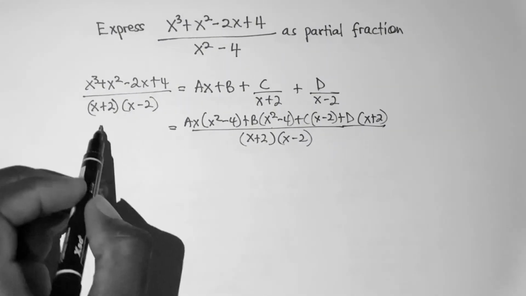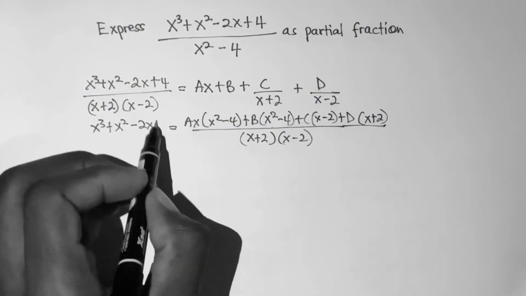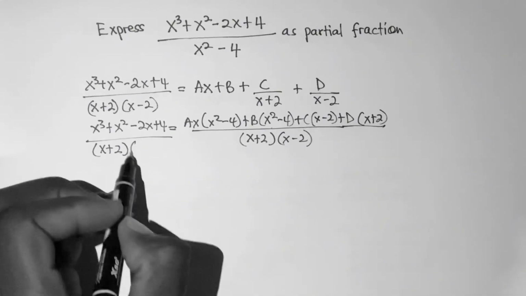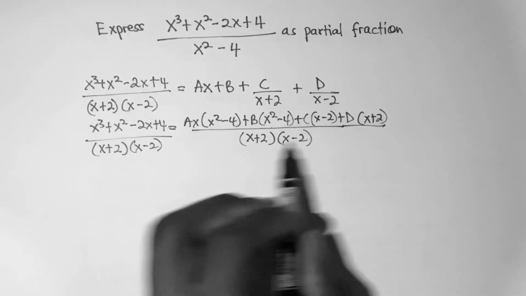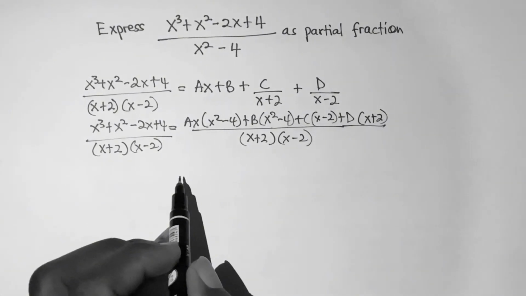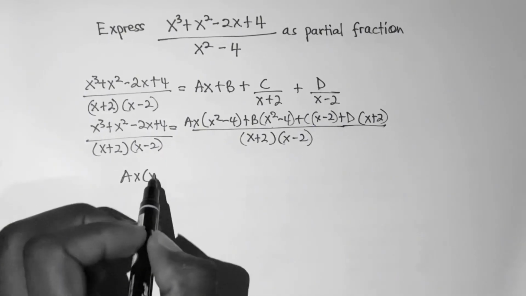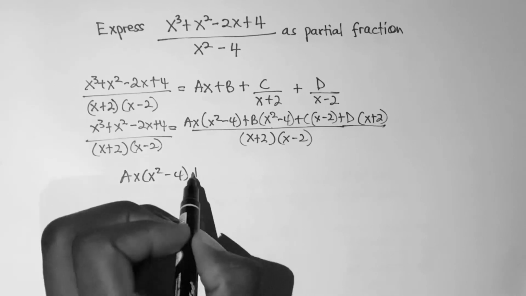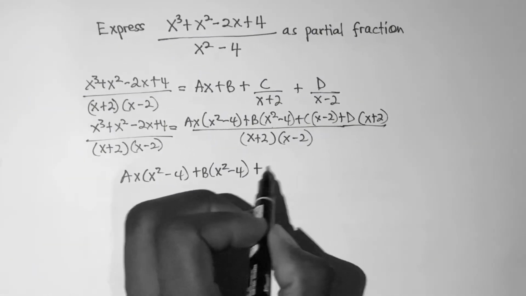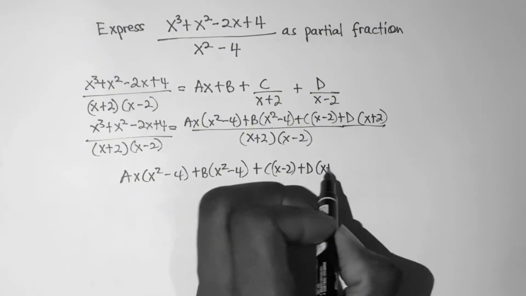Now this is equal to (x cubed plus x squared minus 2x plus 4) divided by (x plus 2)(x minus 2). Since the denominators are equal, that means we can equate the numerators. So we have ax times (x squared minus 4) plus b times (x squared minus 4), then plus c times (x minus 2), then plus d times (x plus 2).